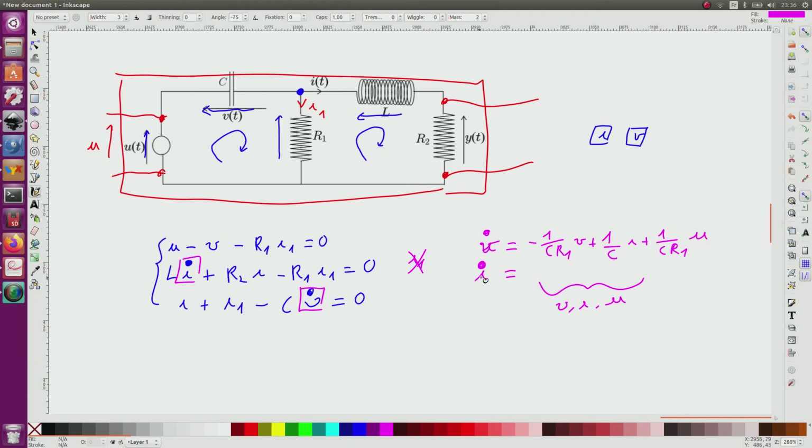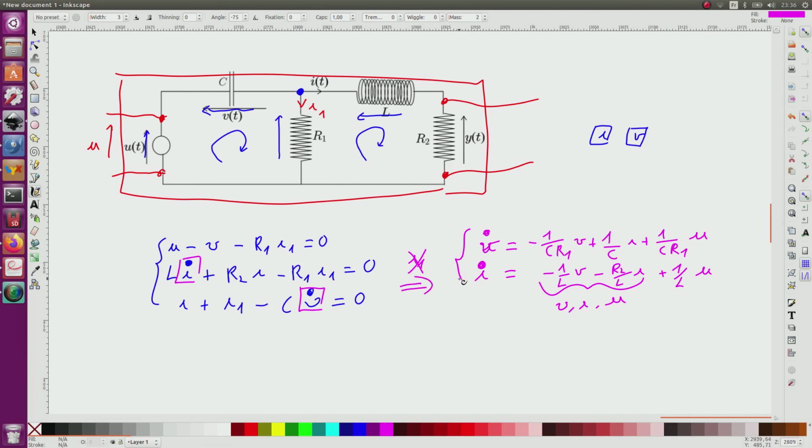And for E dot, I take this equation, of course, and I will obtain minus 1 divided by L V minus R2 divided by L E plus 1 divided by L U. Okay, so I deduce in this direction.